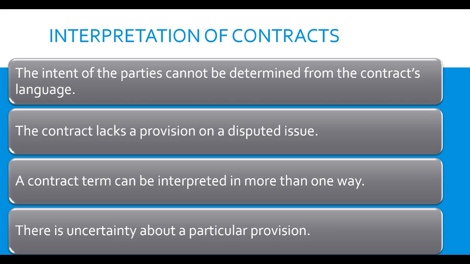If a contract is ambiguous, a court may consider outside evidence, such as the testimony of the parties, additional agreements or communications, and other information relevant to determining the parties' intent. A contract is ambiguous when the intent of the parties cannot be determined from the language, the contract lacks a provision on a disputed issue, a term is susceptible to more than one interpretation, or there is uncertainty about a provision.